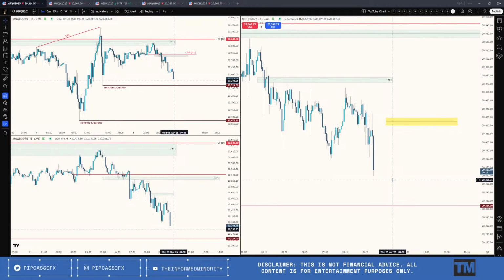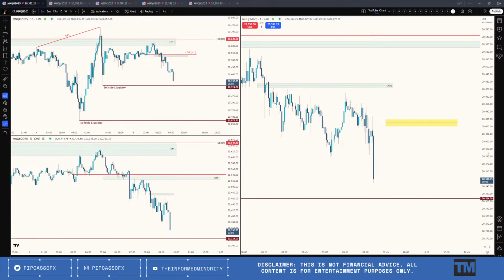I do like this. I would rather us not just run down there, but that's what it's looking like we're going to get. Just run straight down, not give us a clean level, because if we had one, I would have taken a trade. We just didn't have anything clean, so I can't do anything about that. Right now we're inside of yesterday's first presented fair value gap.